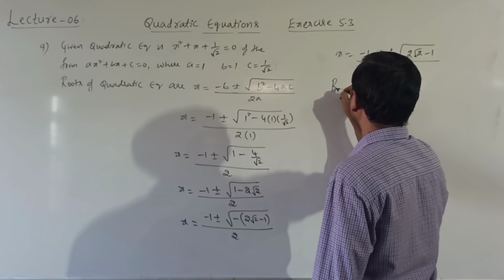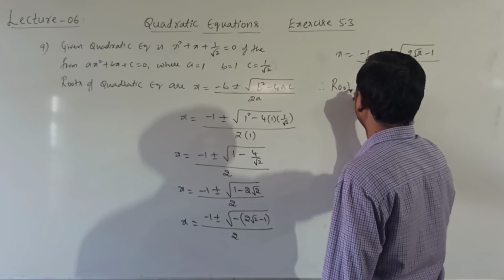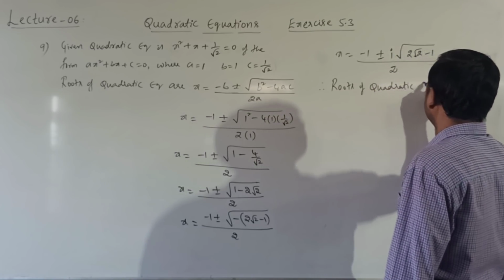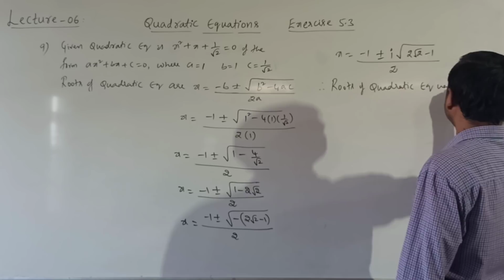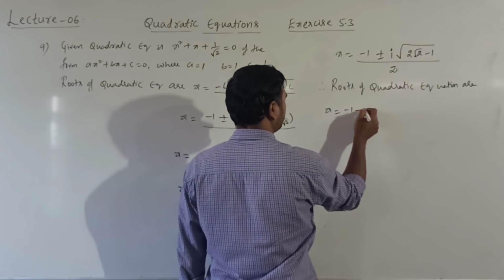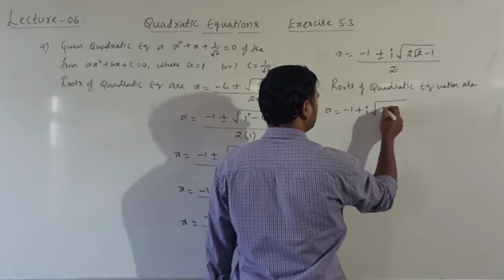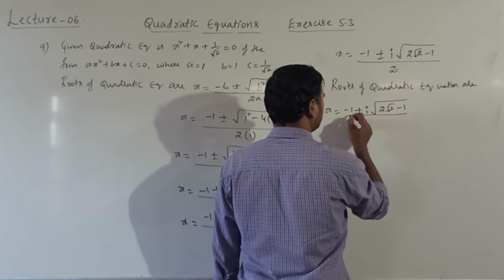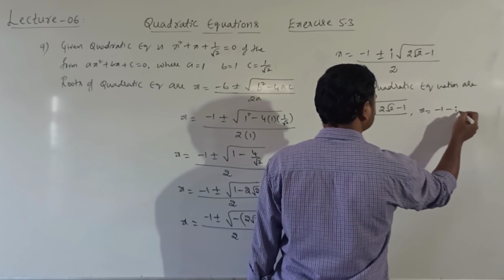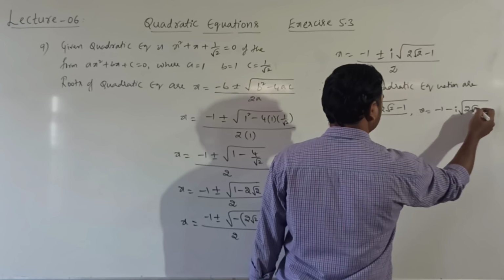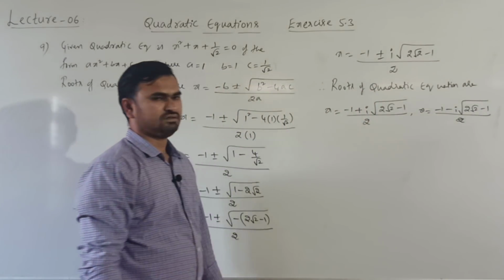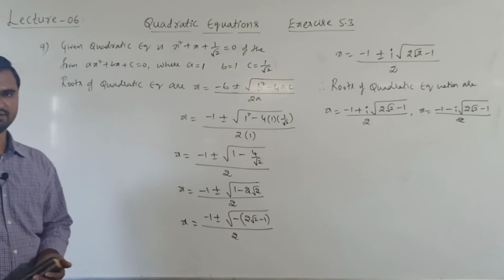So roots of quadratic equation are x equal to minus 1 plus i root 2 root 2 minus 1 divided by 2, and x equal to minus 1 minus i root 2 root 2 minus 1 divided by 2. Okay. So these are the two roots we are getting.